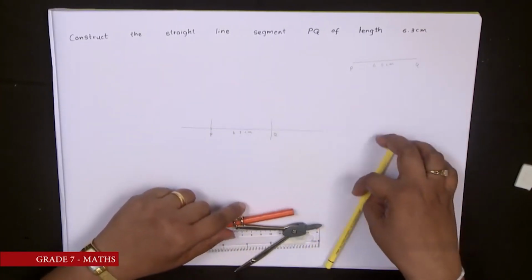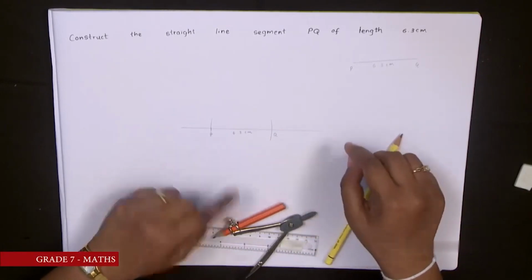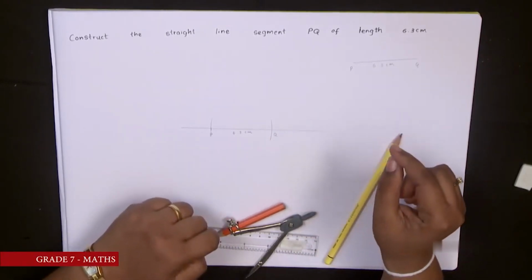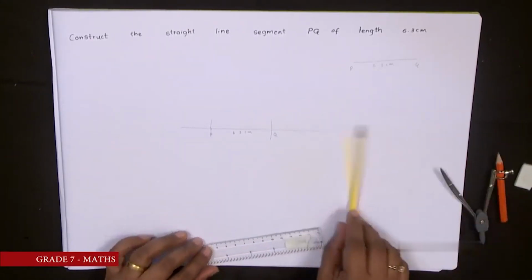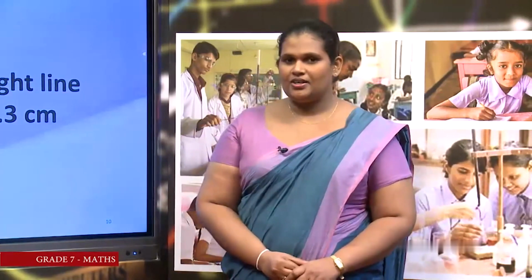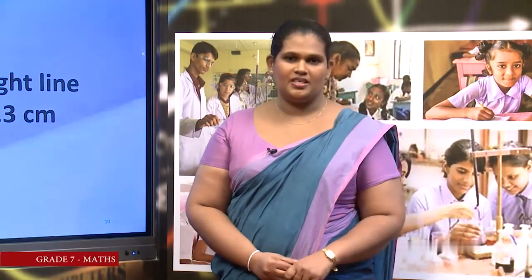So, now we have completely constructed the straight line segment PQ. Right. That is how to construct a straight line segment.